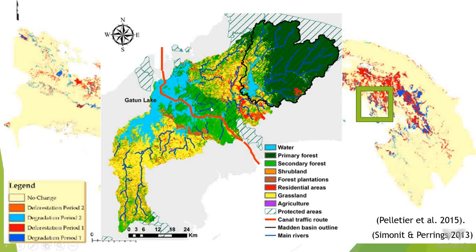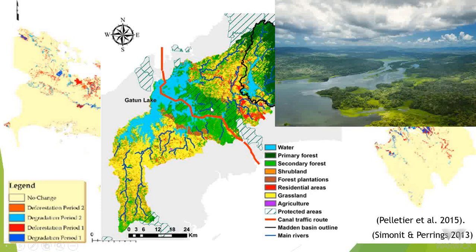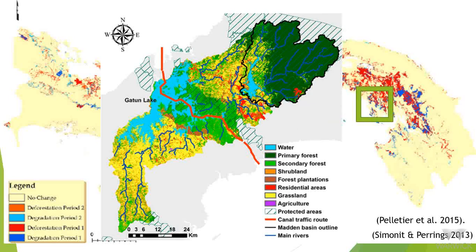If you see pictures of it, which we can do here, this is the entrance of the river into the Gatun Lake, I think, which you can see on the map. This looks like a pretty well preserved natural, quote unquote, environment. It's not quite true. This is not exactly original forest in its entirety, but this is well preserved forest.